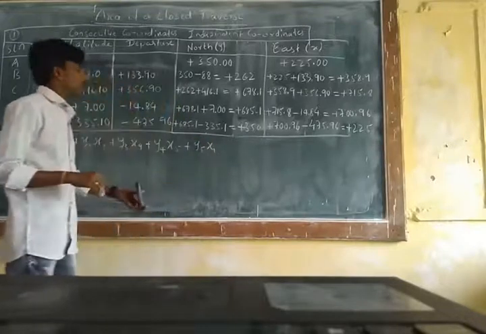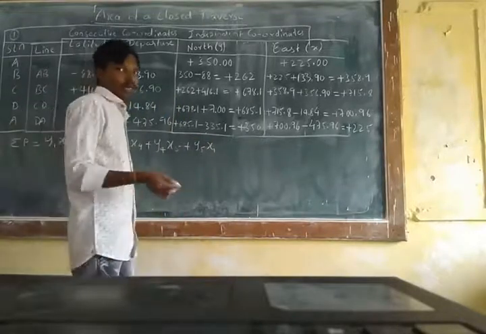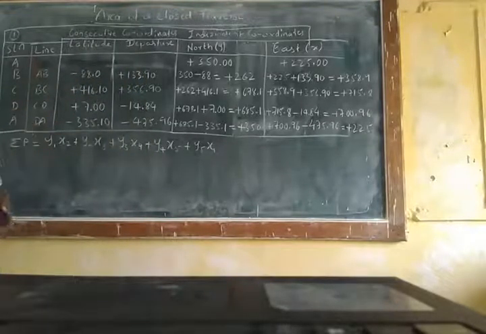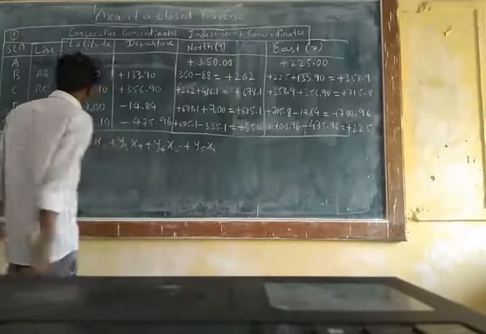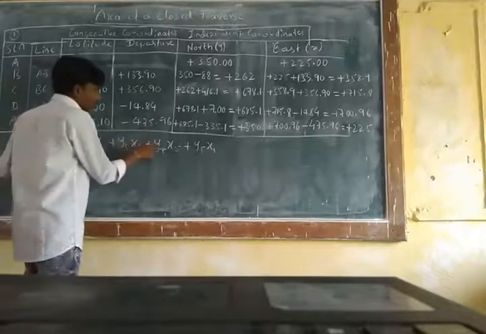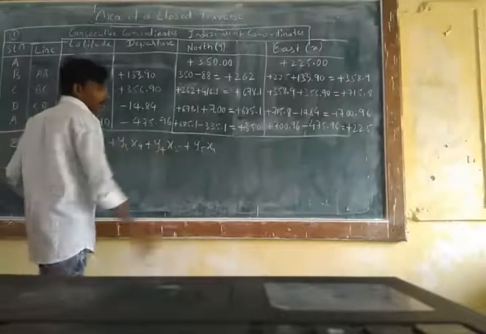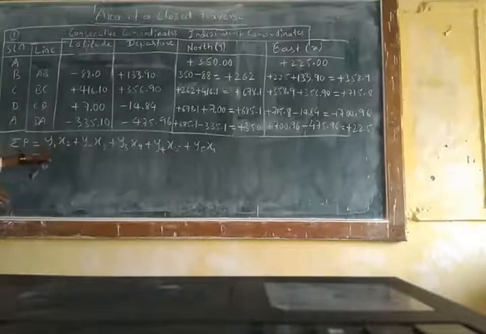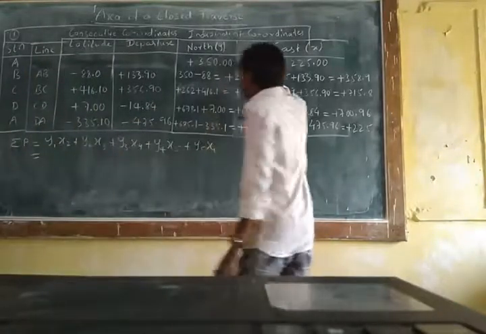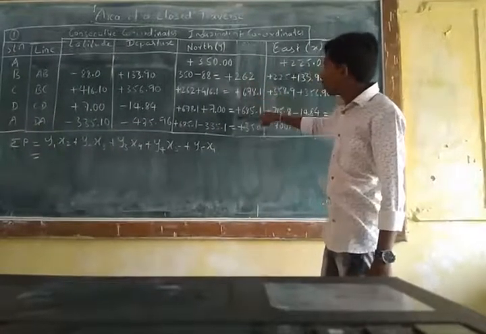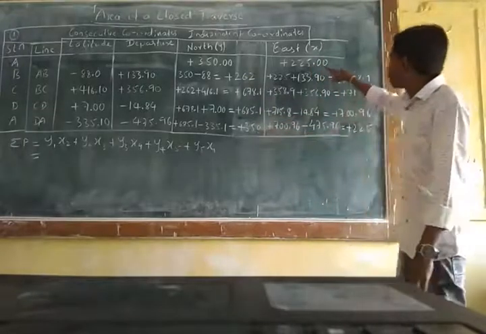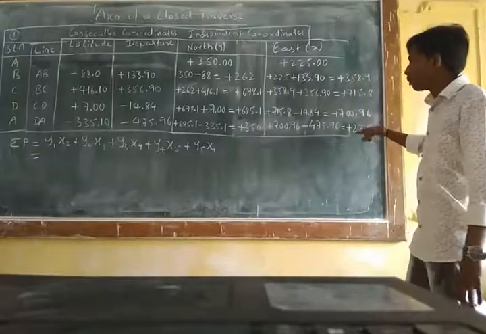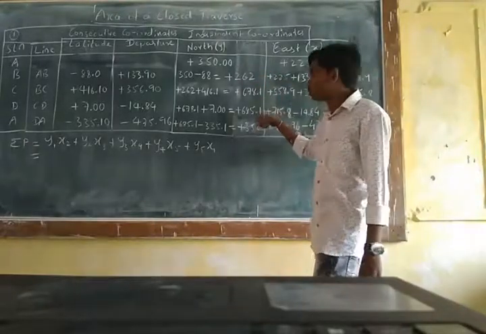So we don't have x6, we don't have the 6th station here, only we have 5 stations. So again we have to move for the first station. So we can use x1 because here x1 is not used before, so the remaining is x1. Now write the same. So this is y1, y2, y3, y4, y5. In the same way, x1, x2, x3, x4, x5. These are the x values, and these are the y values.